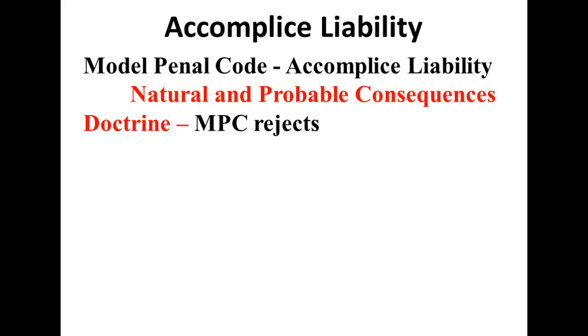So, in addition, the Model Penal Code rejects the natural and probable consequences doctrine. One is only guilty as an accomplice for those offenses that they seek to facilitate and promote, that they have the purpose to promote. It has to be their conscious object to promote them. And if the principal goes ahead and does other things, the accomplice is not liable for them.